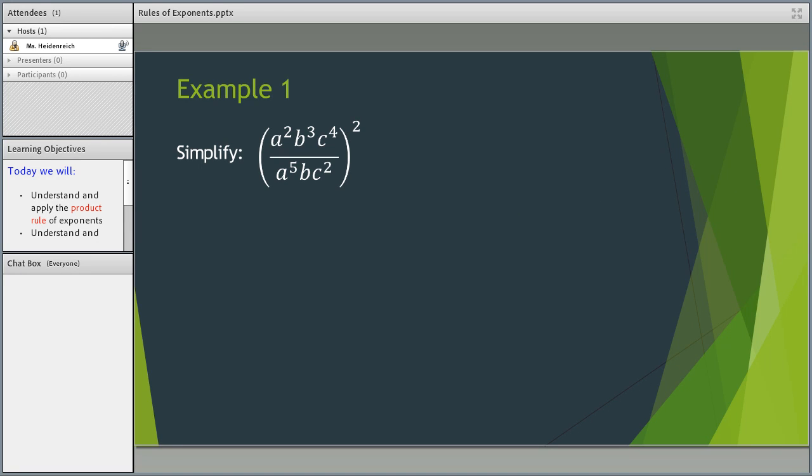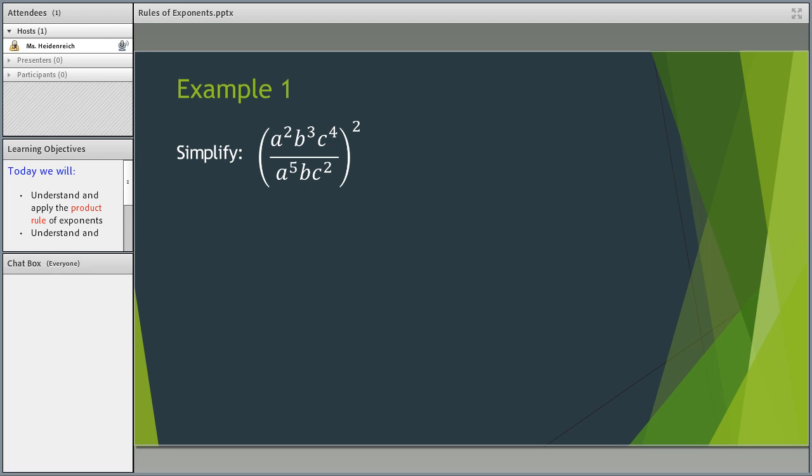Okay, so this one I am going to write out as if I were doing it so you can see my thought process. There's more than one way to do these, but this one has multiple variables, it has multiple rules being involved, and I might start in the parentheses because that's what PEMDAS or order of operations says to do.